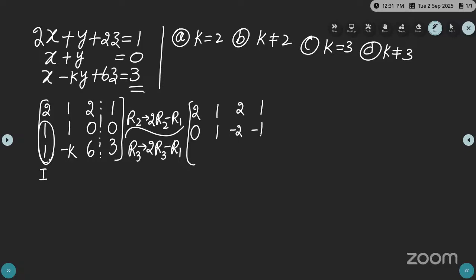Next, 2R3 minus R1: 2 minus 2, 0; minus 2k minus 1; 12 minus 2, 10; 6 minus 1, 5.